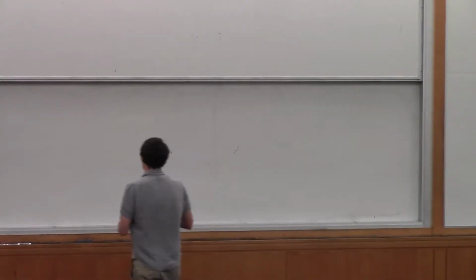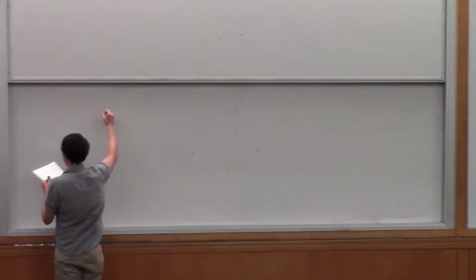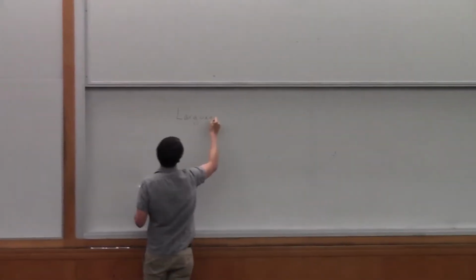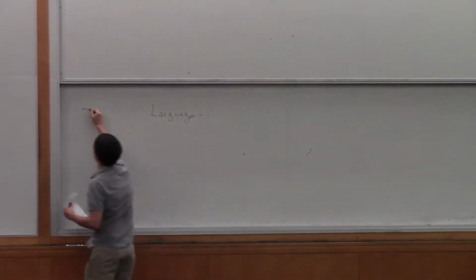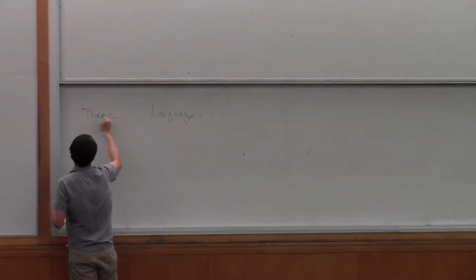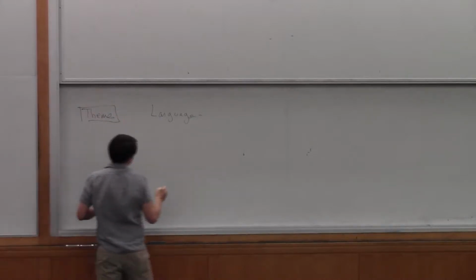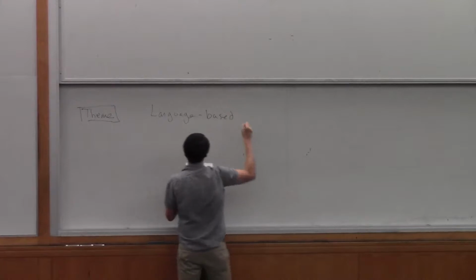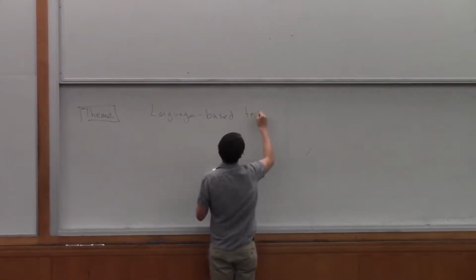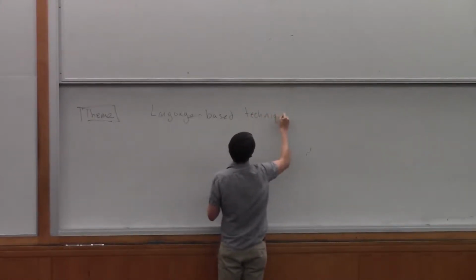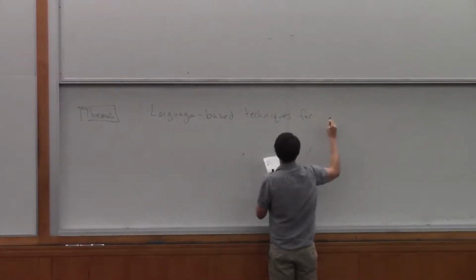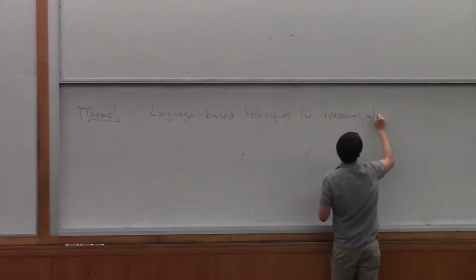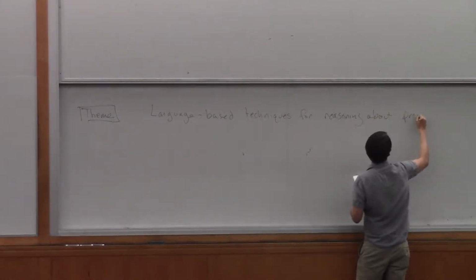So I wanted to start by talking a little bit about where this is all going, now that you've had a taste for what we'll be talking about. The theme of this year's OPLSS, to the extent that there is a theme, one thing we could call it is language-based techniques for reasoning about programs.